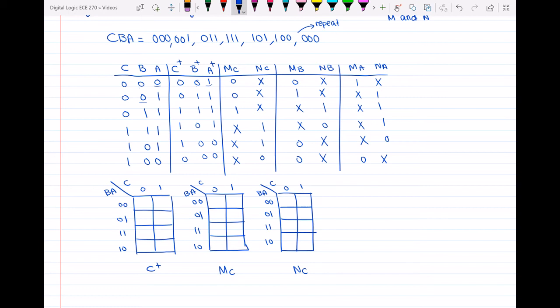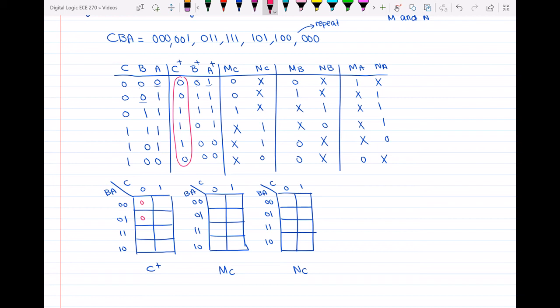So for C plus, what should I look at? I should look at this column of this table, right? So CBA, all are 0, C plus will be 0, which is this cell. When I have 0, 0, 1, we have C plus equal to 0.